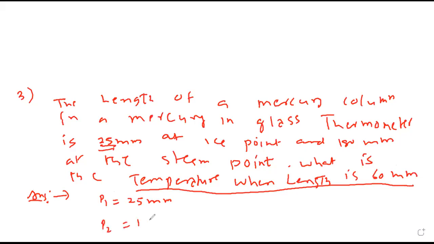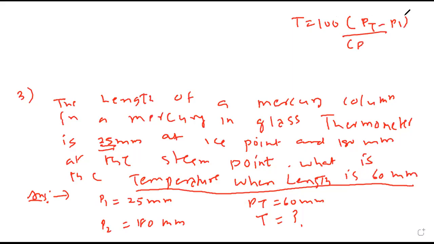P2 is 180 millimeter at steam or boiling point. PT is given as 60 millimeter. Temperature T we have to calculate. So the formula is T equals 100 into PT minus P1 upon P2 minus P1. So it is 100 into 60 minus 25 upon 180 minus 25.